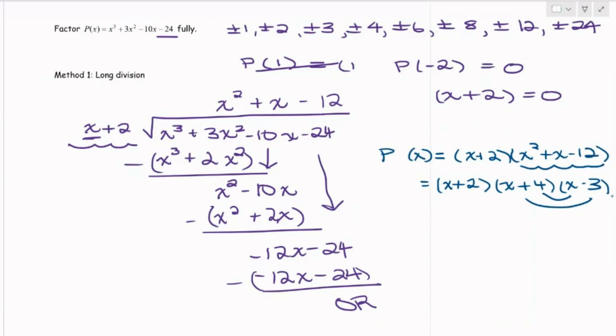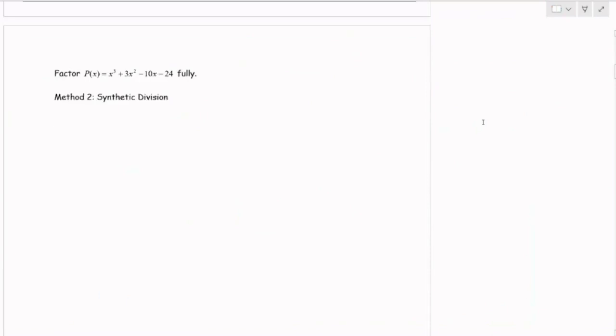Now, how do we do this with synthetic division? It's just another method, and we are going to do this with the same first step. So if I know that p of negative 2 is a factor, then I'm going to use this for synthetic division. So the way this is going to look, we are going to place the negative 2 on the outside, and I'm going to just give you a heads up.